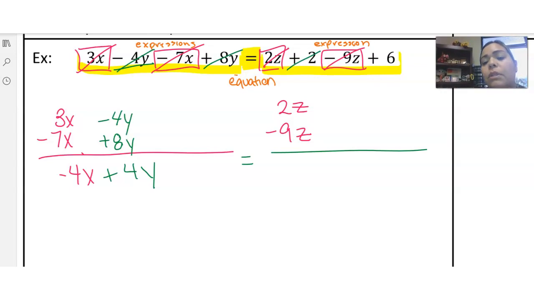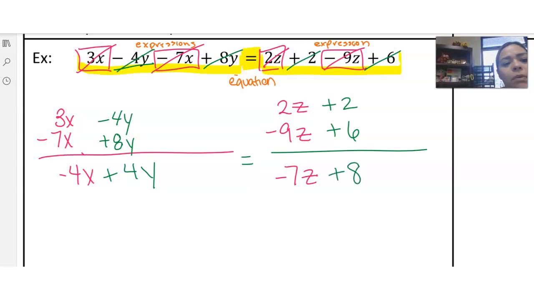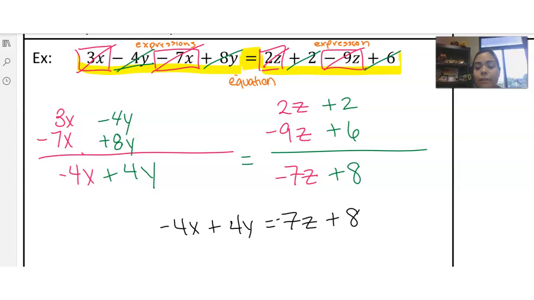We've got 2, and 2 is a constant, so the other constant is a positive 6, and we're just going to combine them. 2z minus 9z is negative 7z, and then 6 plus 2 is positive 8. So my new equation is negative 4x plus 4y equals negative 7z plus 8. And that's it for our first lesson. Good luck.